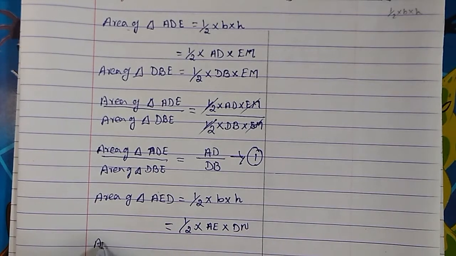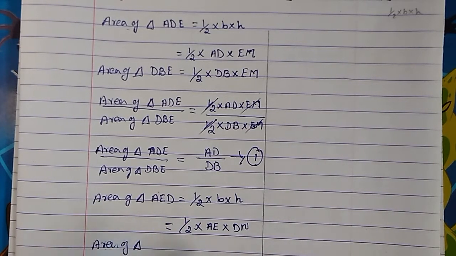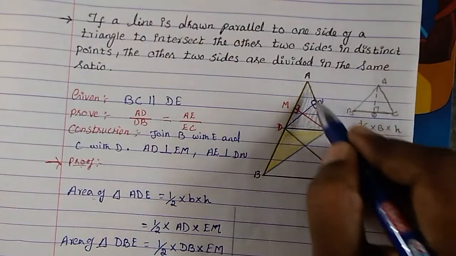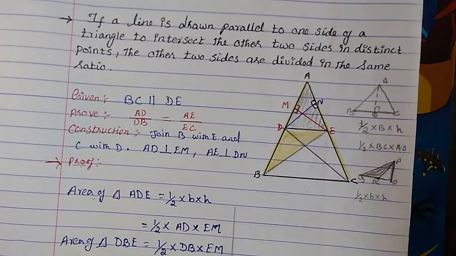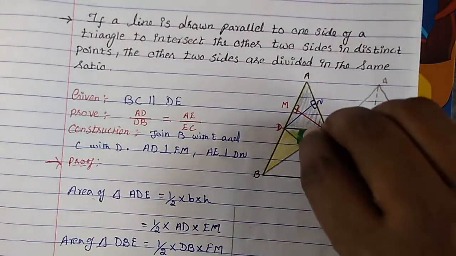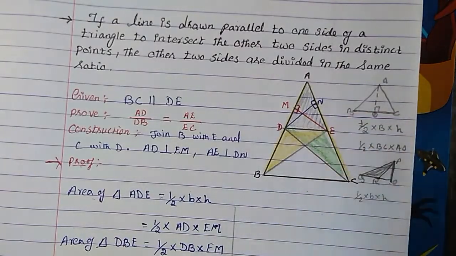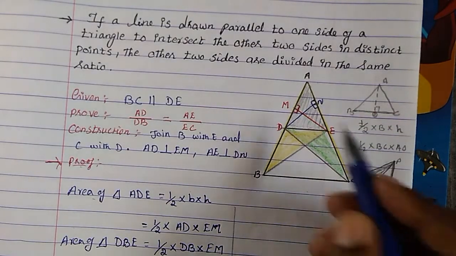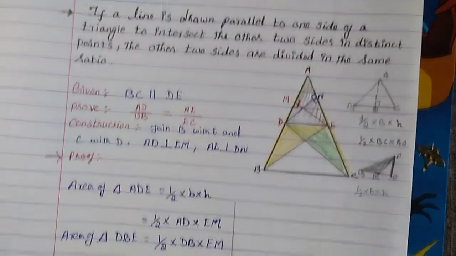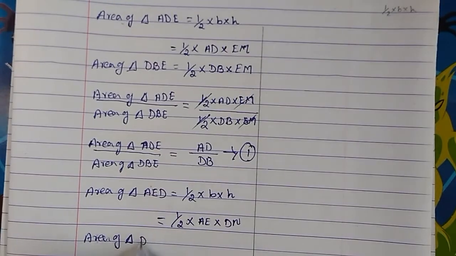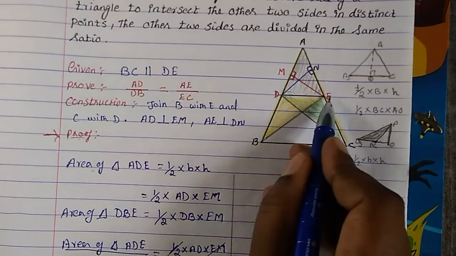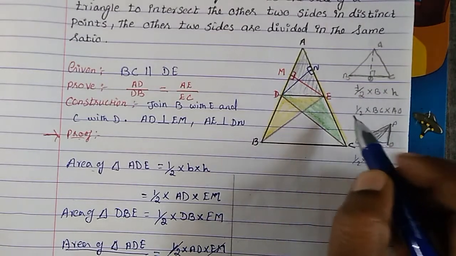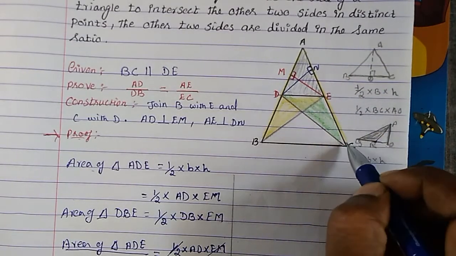Now same way for the area of triangle. Now we have done this side, so this side we have to see. So we will take this triangle, triangle DEC. Same formula only: half into base. For this triangle, the base we have taken is this side, so base becomes EC.